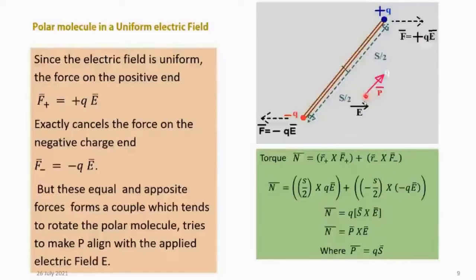We have to consider the direction of this s also, so the distance is negative and the force operating is also negative. So we get this expression for the torque n bar. When we combine together, we get a very simple relation: torque n is given as p bar cross e bar.